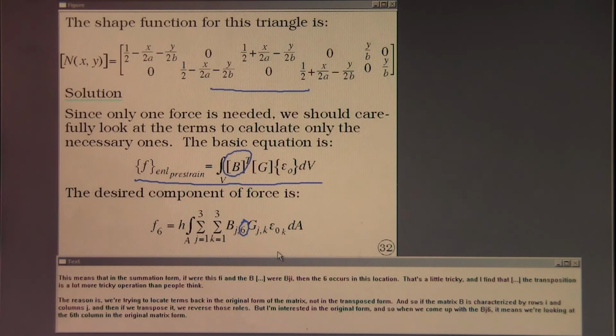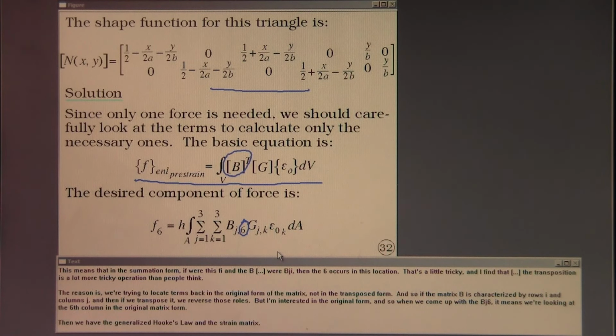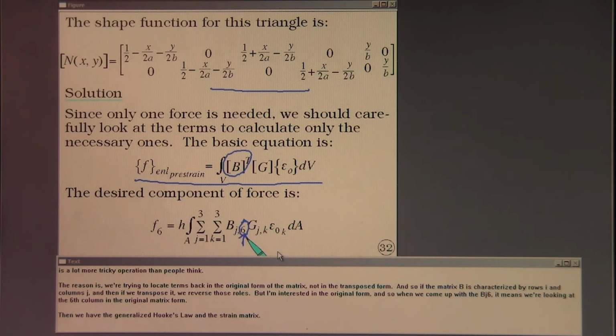The reason is we're trying to locate terms back in the original form of the matrix, not in the transposed form. If the matrix B is characterized by rows I and columns J, and we transpose it, we reverse those roles. But I'm interested in the original form, so when we come up with the Bj6, it means we're looking at the 6th column in the original matrix form.